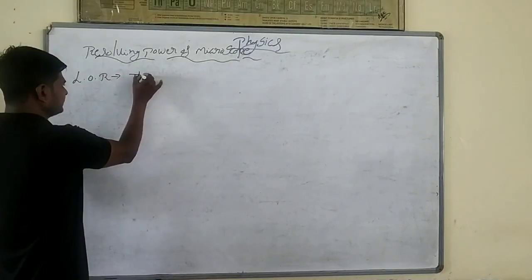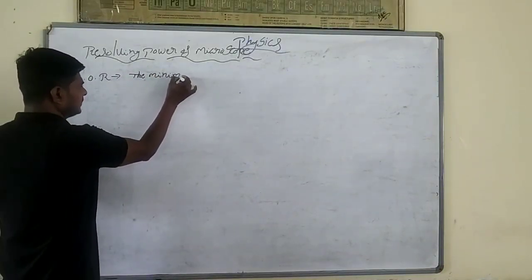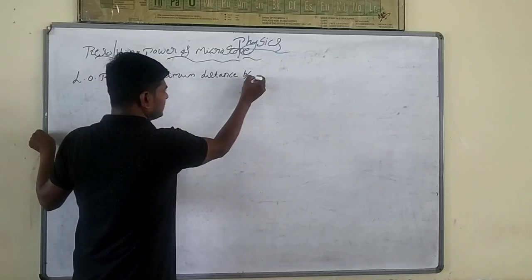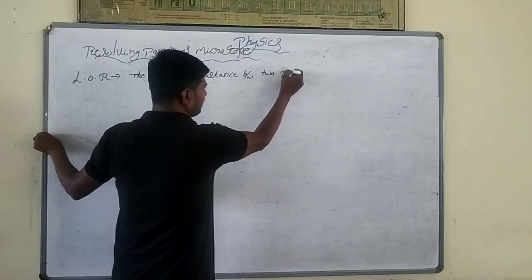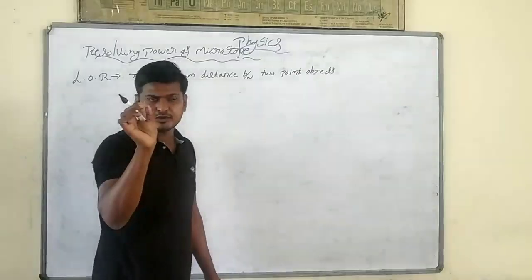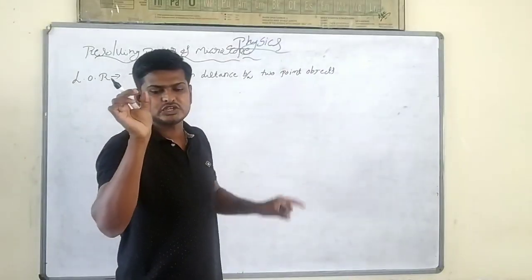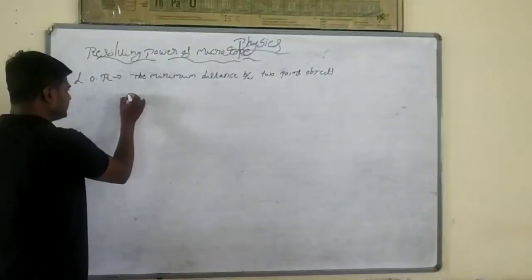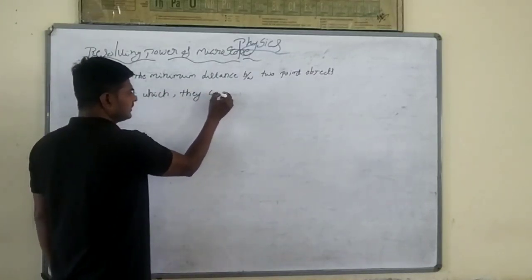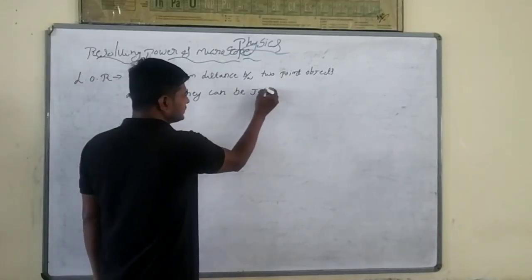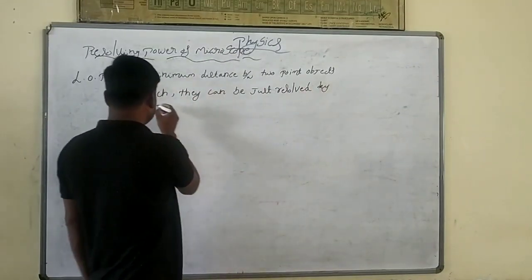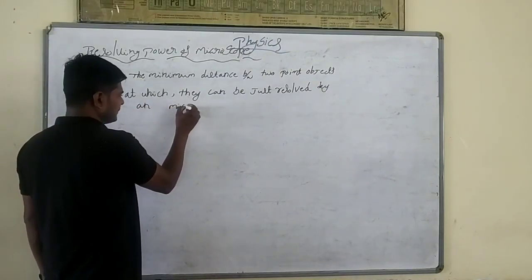The minimum distance between 2 point objects, at which they can be just resolved by a microscope.